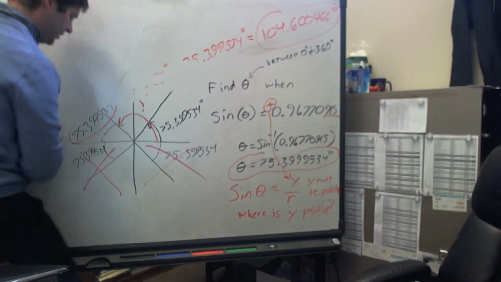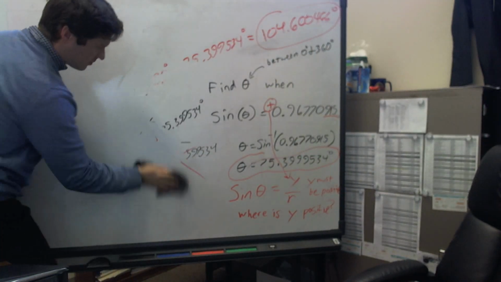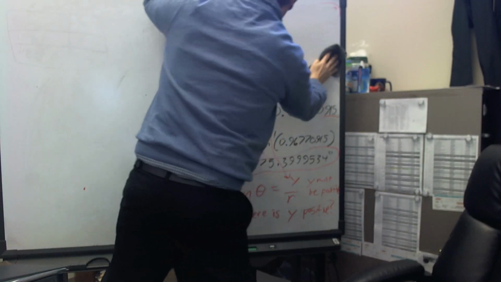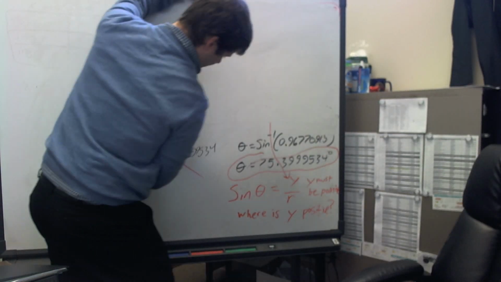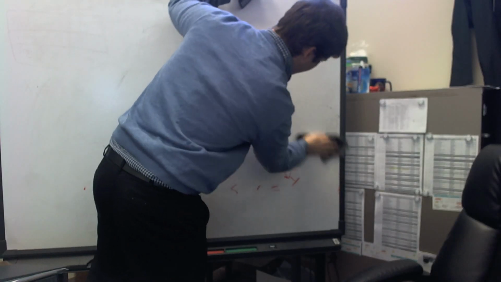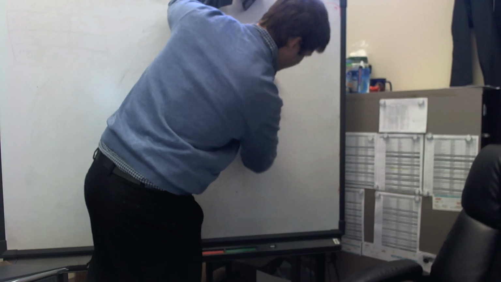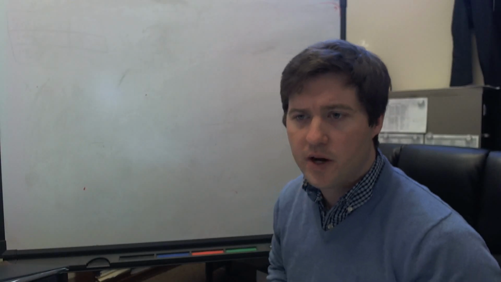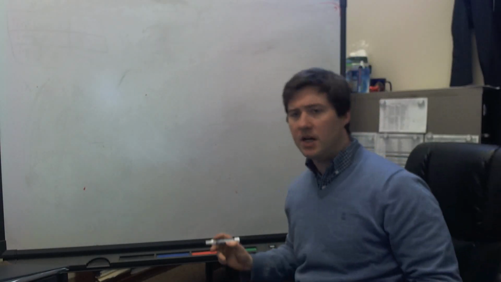All right, so we've got one more like this, where we're doing both of these ideas. We're using the reciprocals, and we're going to have to use our inverse function.